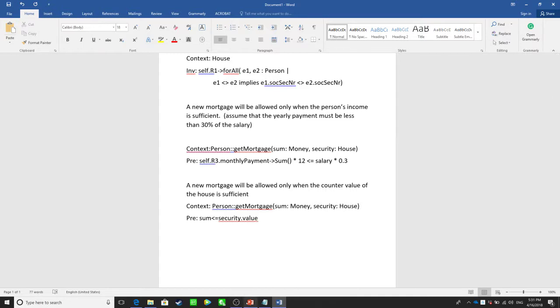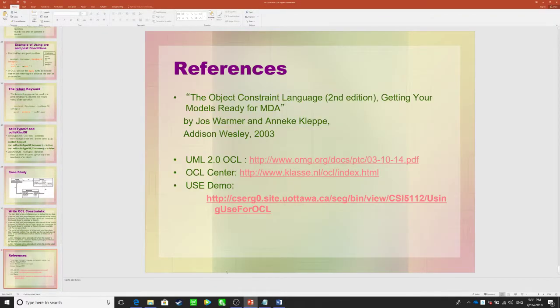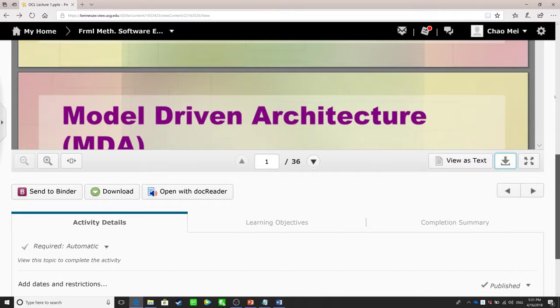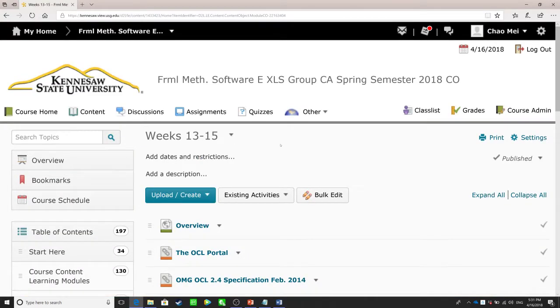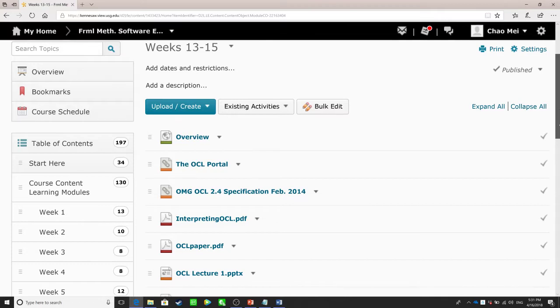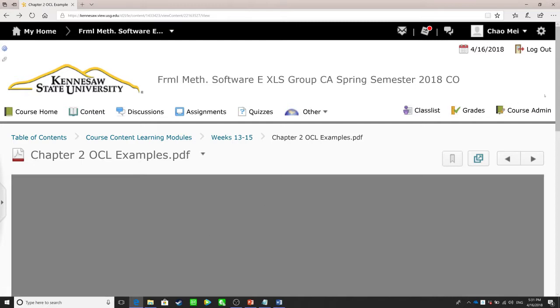Now let's go to more complicated OCL stuff. We learn the OCL from an example in this folder. It's actually in the textbook as well, basically the textbook scanned here.